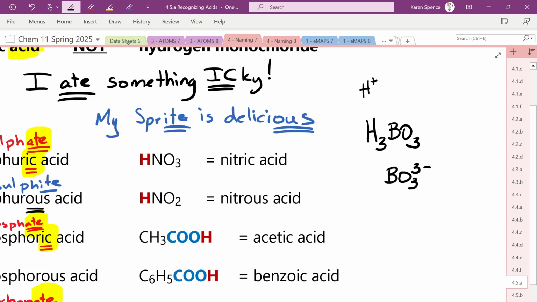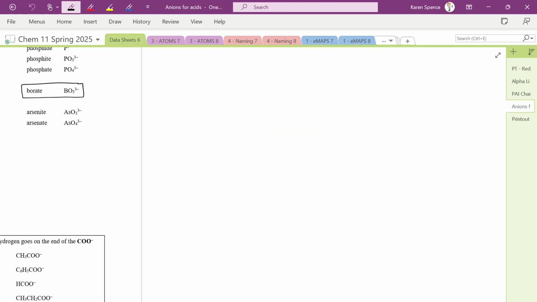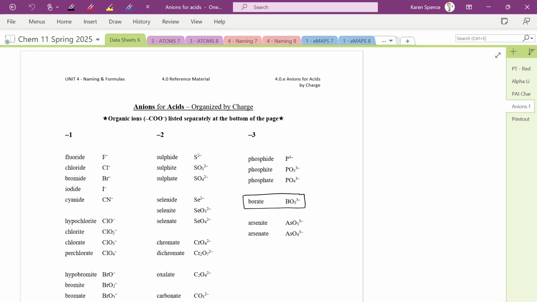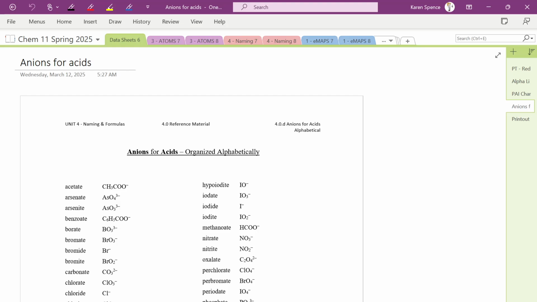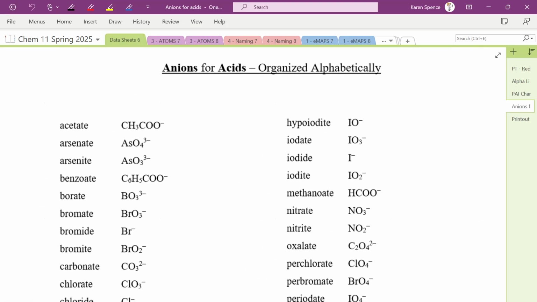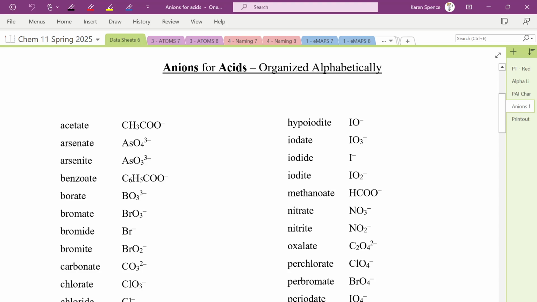You will be able to use your data sheets, and if you turn to page number 2 on your pink sheet, there is a list of more anions, because otherwise we don't have enough to practice our acids with.